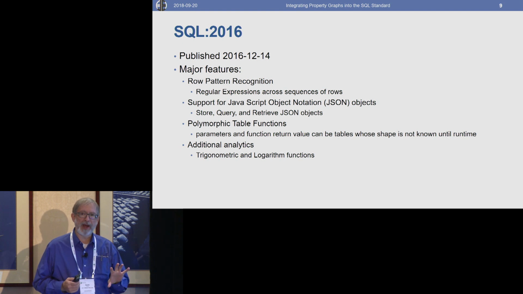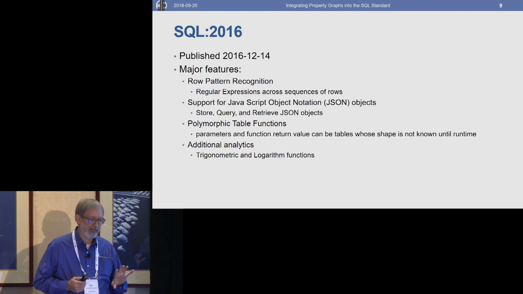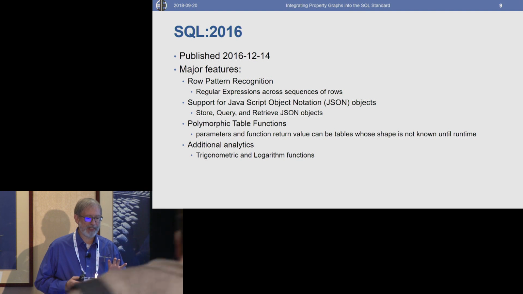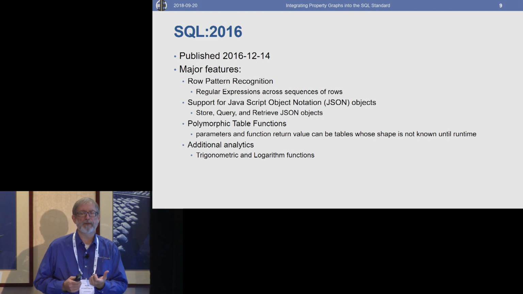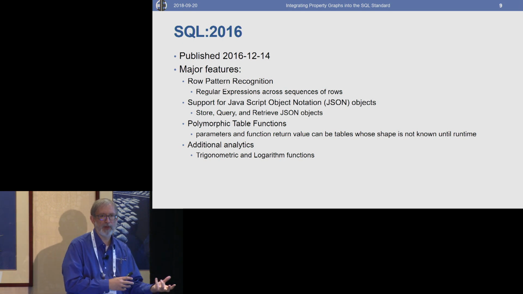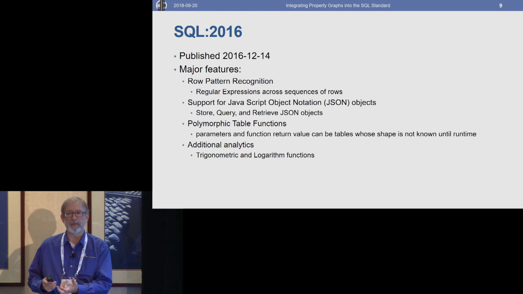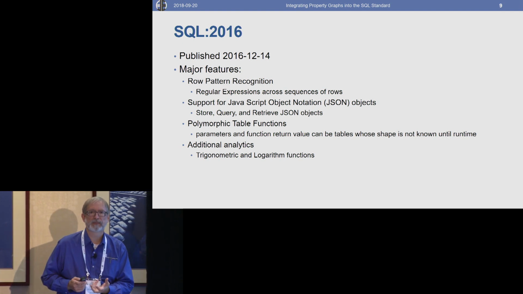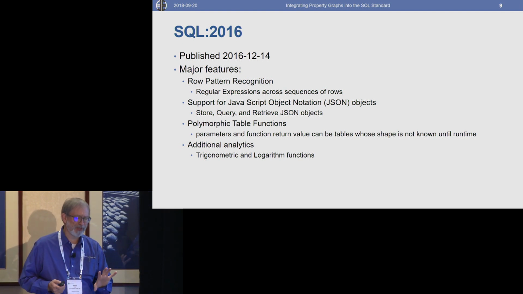And that's another good hour talk. Polymorphic table functions. The idea of a polymorphic table function is you can build a function where you don't know the shape of the return table or the input parameters until runtime. That's good for about 2 hours.